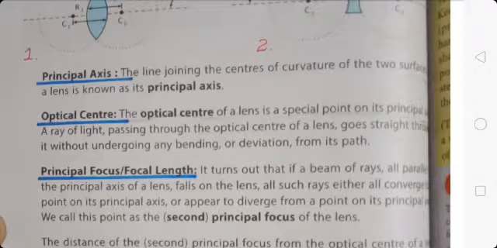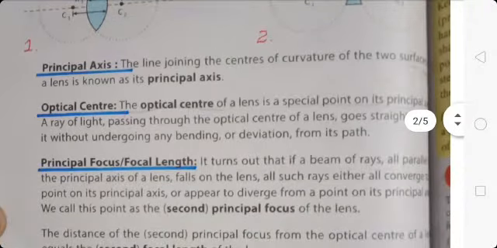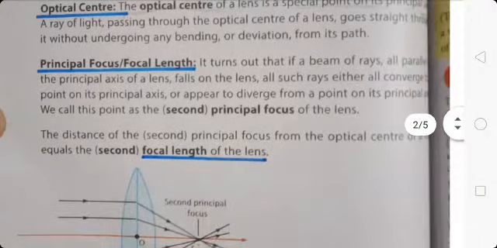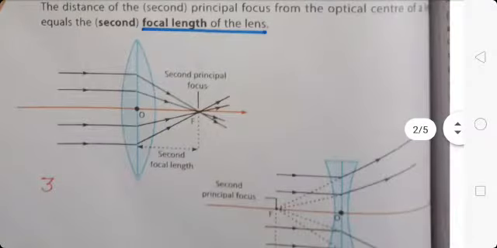A ray of light passing through the optical center of a lens goes straight through it without undergoing any bending or deviation. Means the line that goes from here comes out of the optical center perfectly straight, it does not bend.